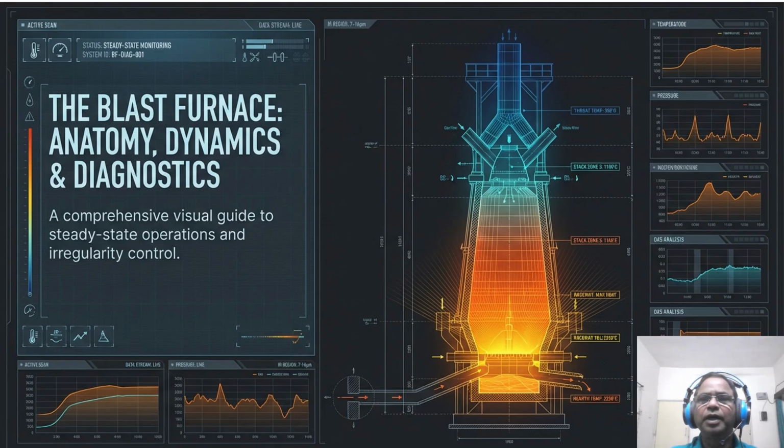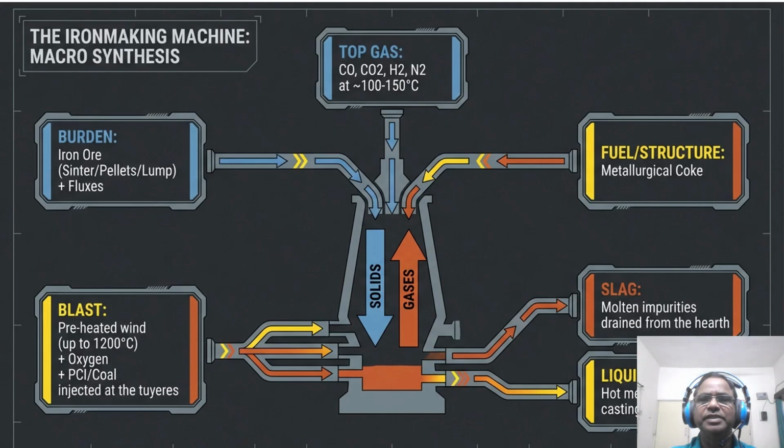Now coming to the macro synthesis, as you can see, the process is a continuous counter current exchange. We charge the burden, that is sinter, pellet, lump, and metallurgical coke at the top, while a preheated hot blast up to 1200 degrees centigrade and PCI are injected through the tuyeres.